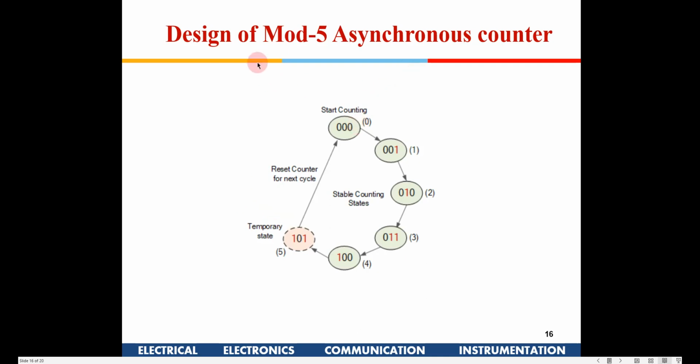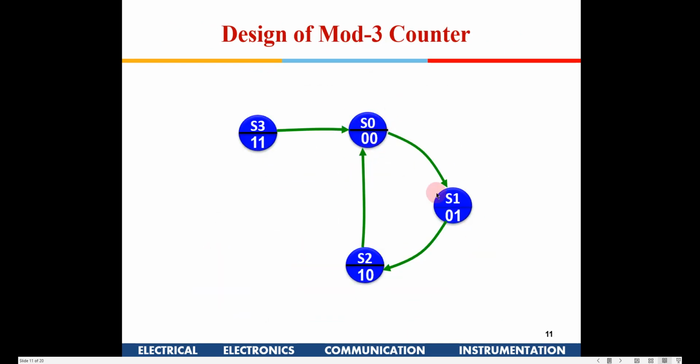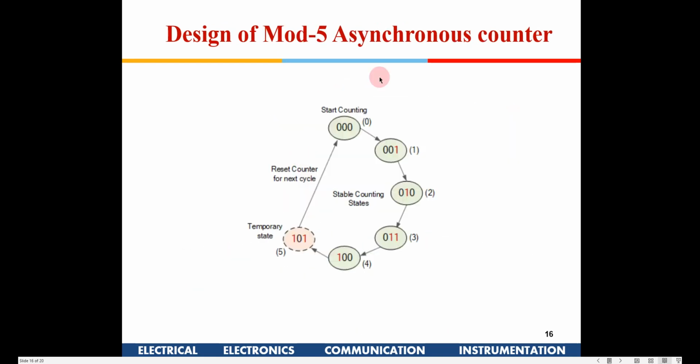Now we can also design an asynchronous mod-5 counter. Like here we designed a synchronous mod-3 counter, where only 3 states were there and the fourth was not used. Similarly, in asynchronous also, suppose I have 0 1 2 3 4, only 5 states are required and the next is not required. But then we have to cater for the extra state. It will come to that state momentarily and then go to 0.